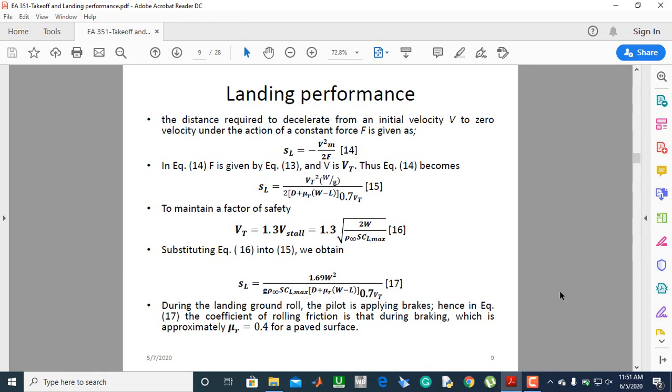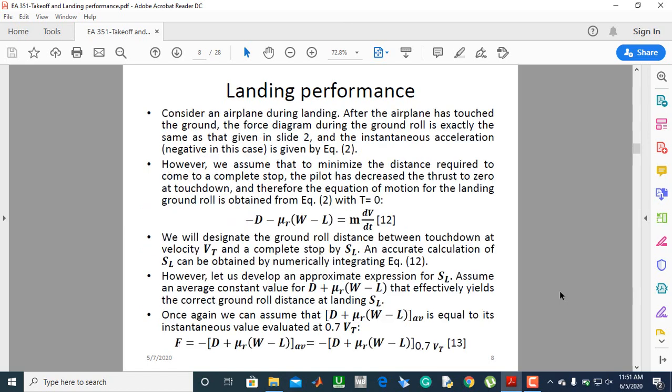And the distance required for a complete stop, it will have a negative here. So the negative is just there to show that this is the force required to stop. And if we substitute the average force into equation 14, remember the force had a negative sign.